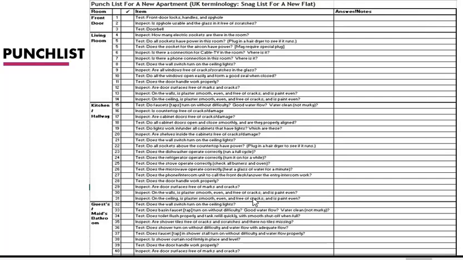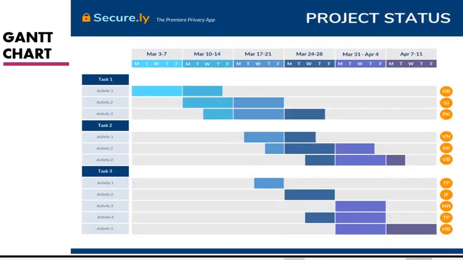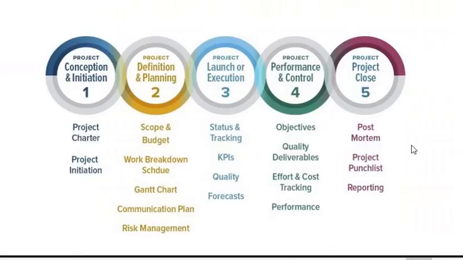So all of these activities are checked, all the notes are written over here if required, and this is another very important document in the last phase, that is the closure phase of the project life cycle, right?